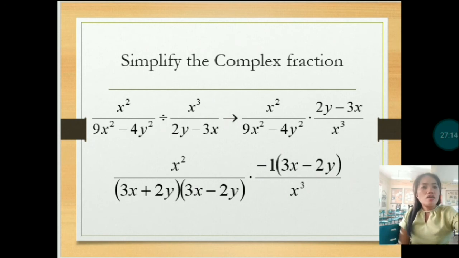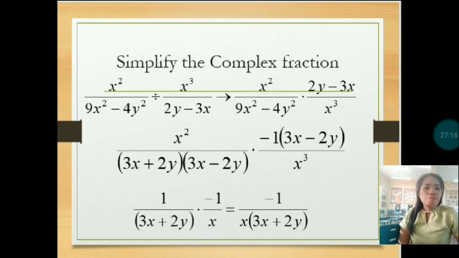Okay? Then the next thing would be, okay, so we can cancel out 3x minus 2y. And then between x squared and x cubed, our common factor is x squared. So x squared divided by x squared is 1. That is why we have our numerator, which is 1.